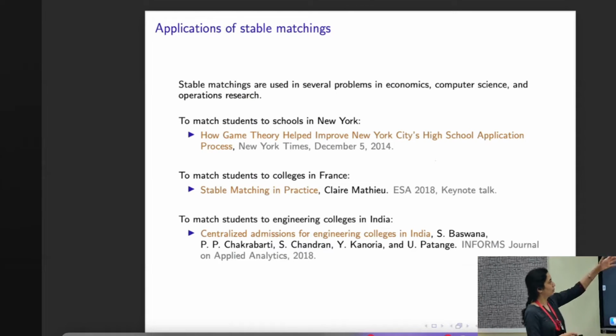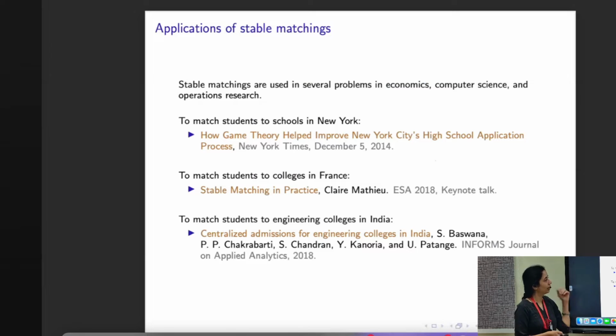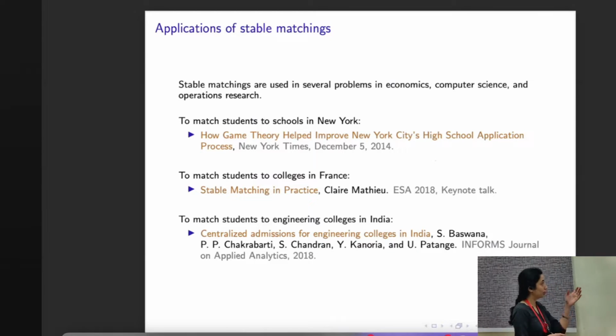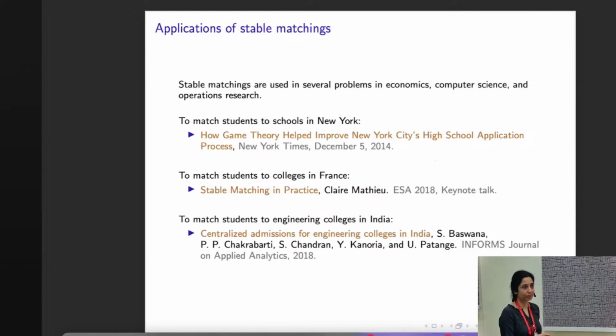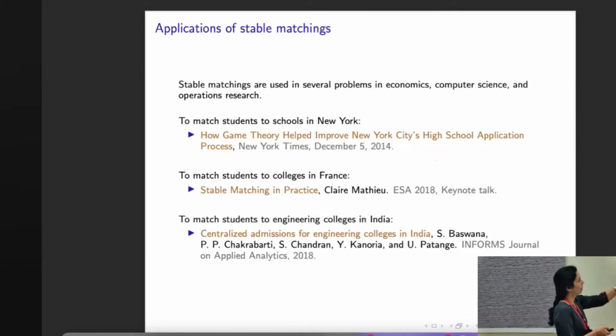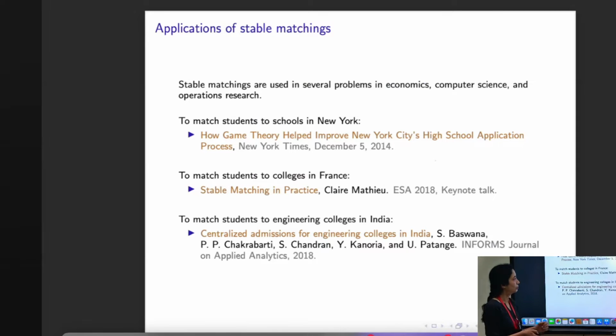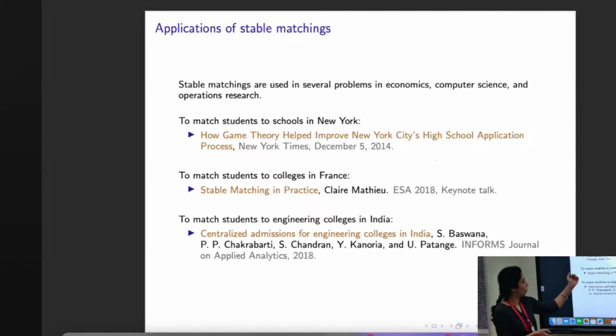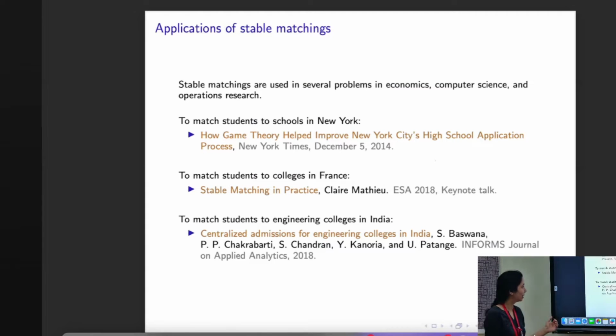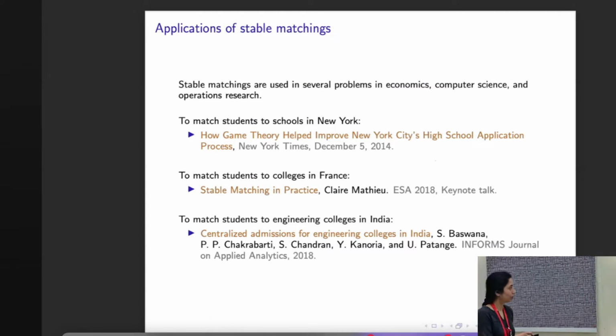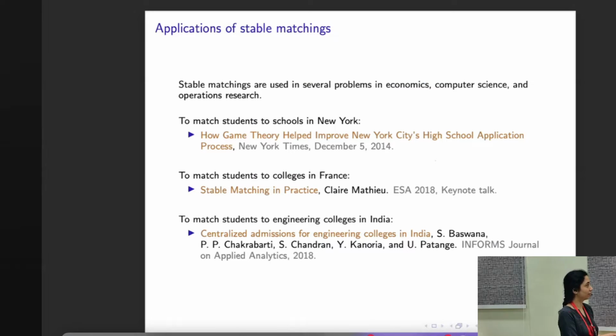Stable matchings have been used in so many real world applications, in particular in matching students to schools. So this is an article from the New York Times from 2014. It's been used to match students to colleges in France and here in India too, to match students to engineering colleges.